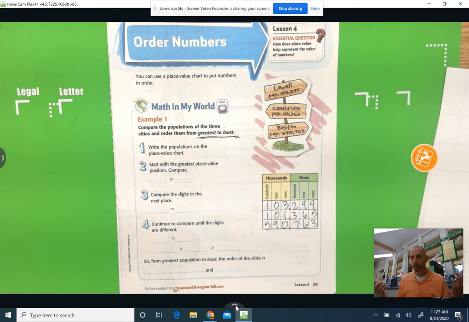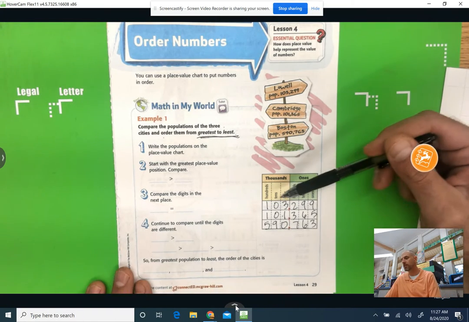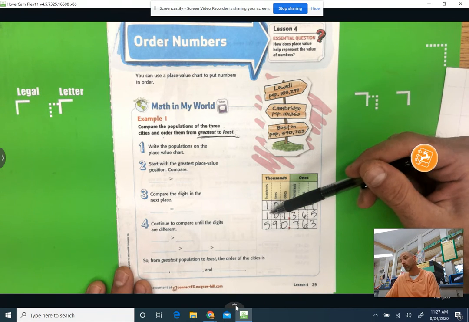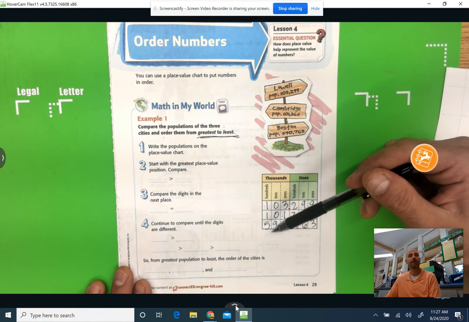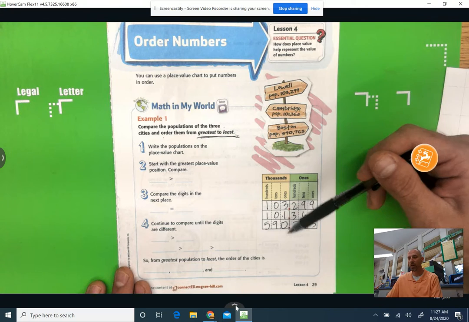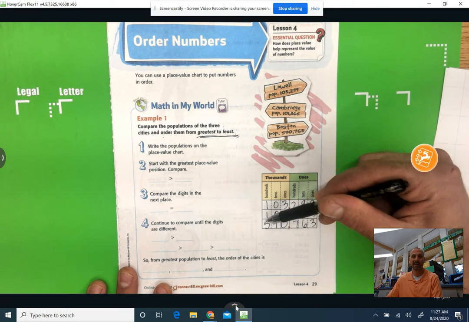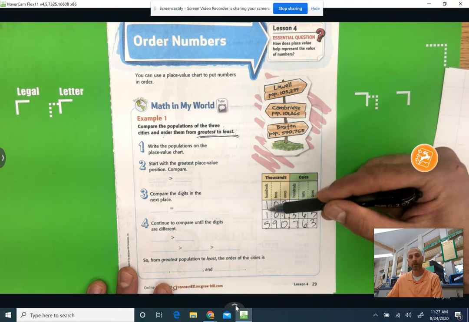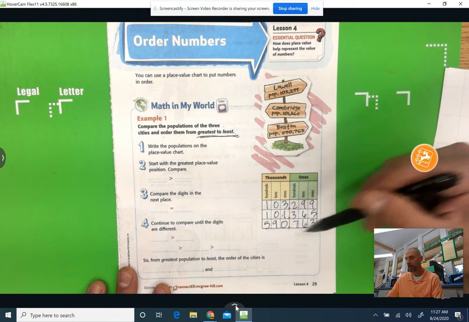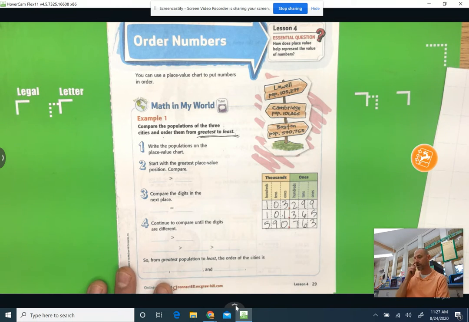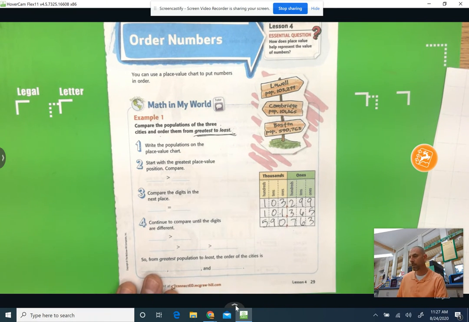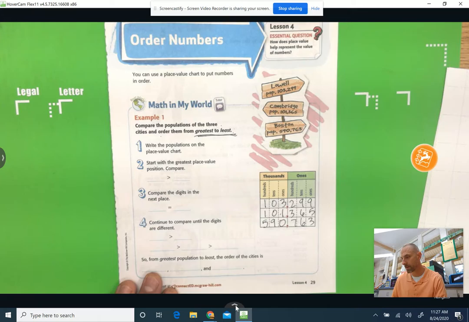Why not look for the biggest number first? Start in the biggest place value position, the 100,000s. We got a 1 and a 1. Doesn't work there, but then we got a 5. So we know what the biggest number is. The biggest number is the number that has a 5 here, where the rest have a 1. And 590,763 is going to be the largest number.